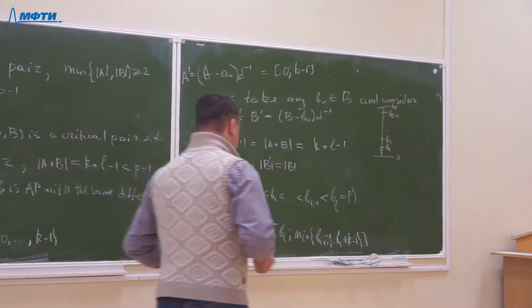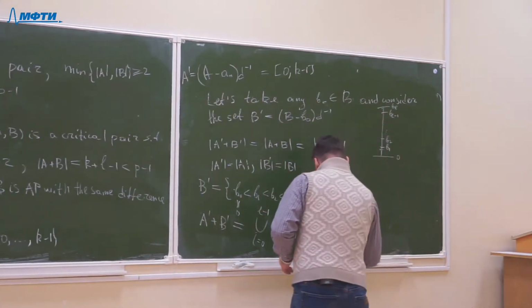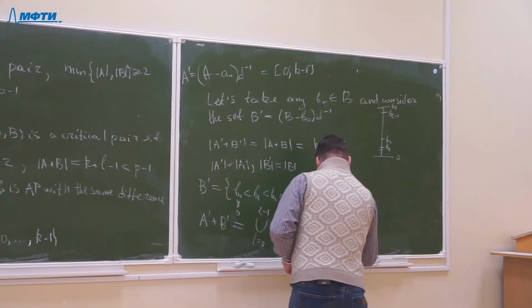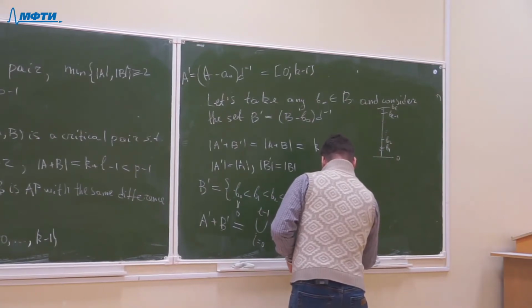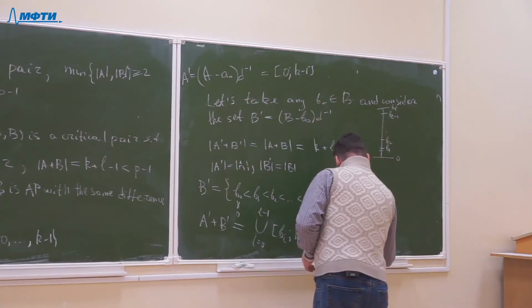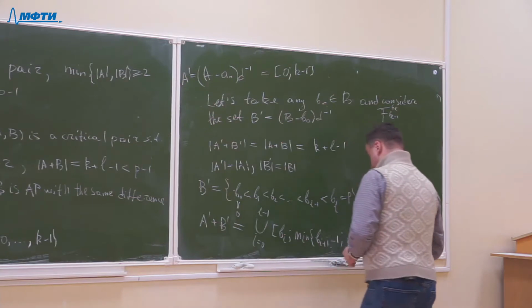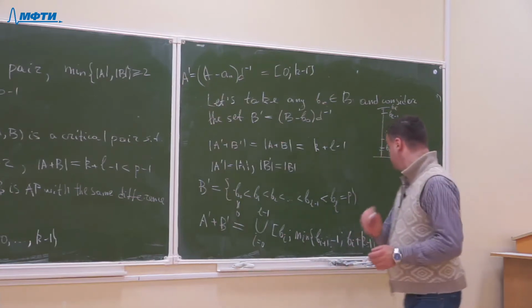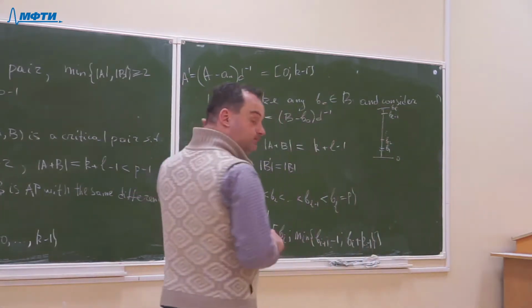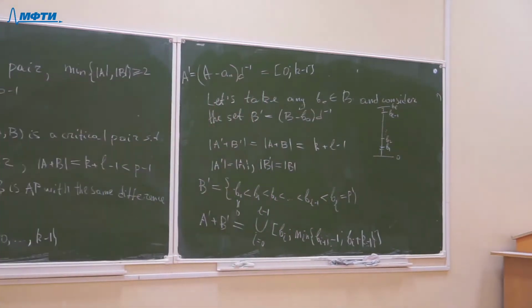So this is the interval from Bi to B(i+1) minus 1 or Bi plus k minus 1. This is A prime plus B prime. Right. Next.